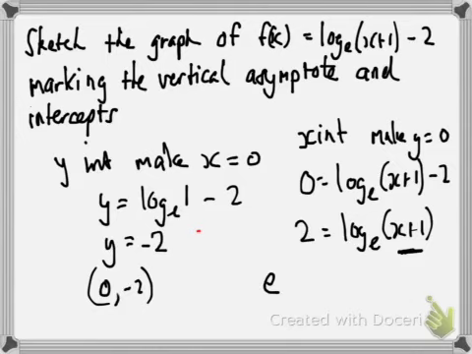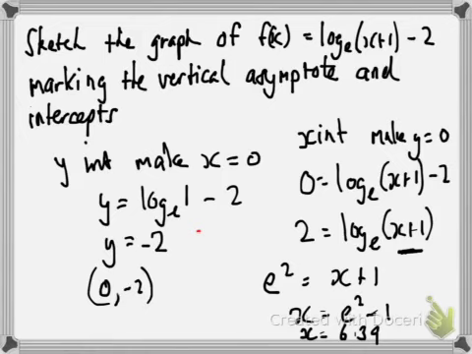So e to the power of 2 equals x plus 1. x equals e to the power of 2 minus 1. Now if you work that out on your calculator, e to the power of 2 minus 1 is going to be 6.39. So the x-intercept is going to be 6.39.